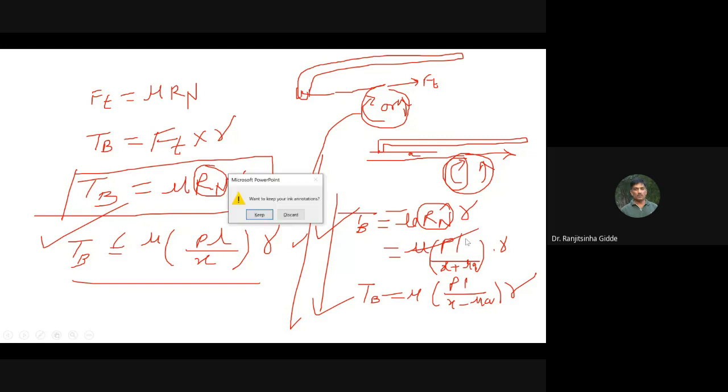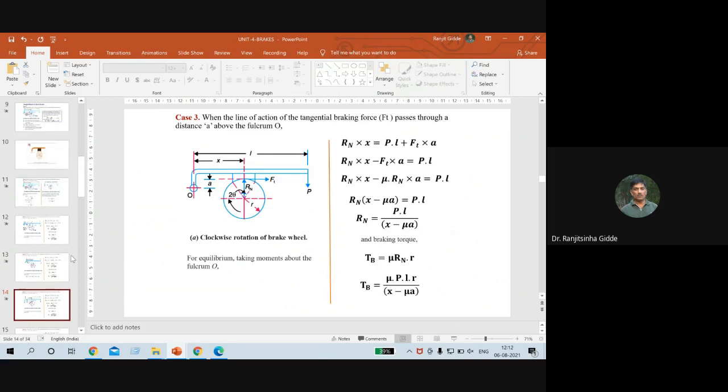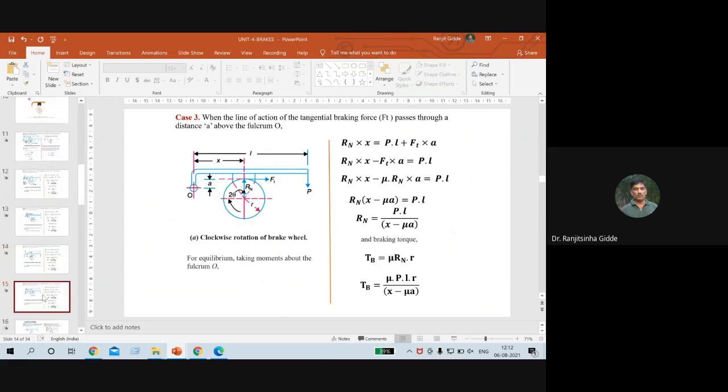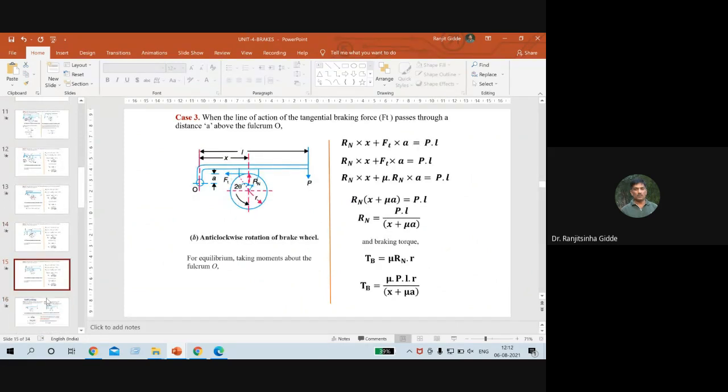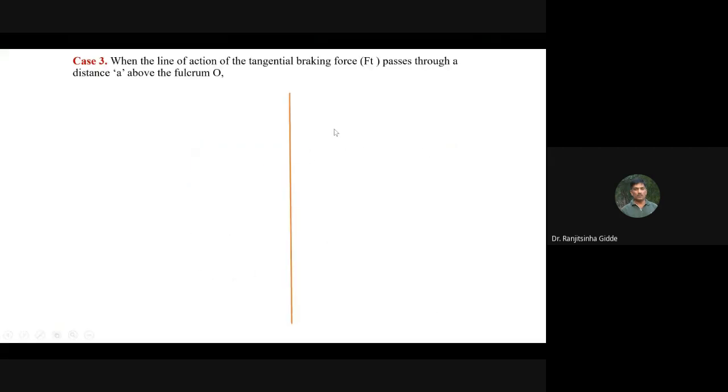Okay, so third case, when the line of action of the tangential braking force passes through a distance a above the fulcrum.